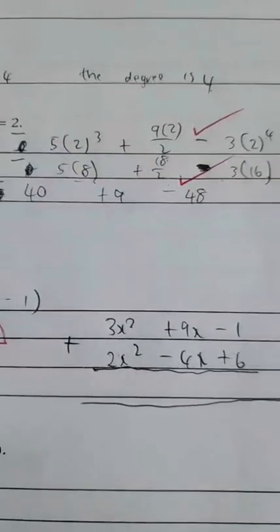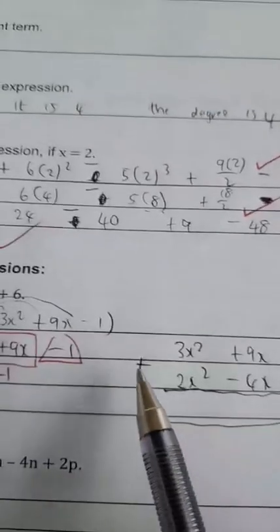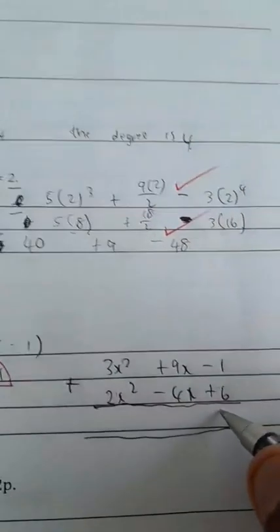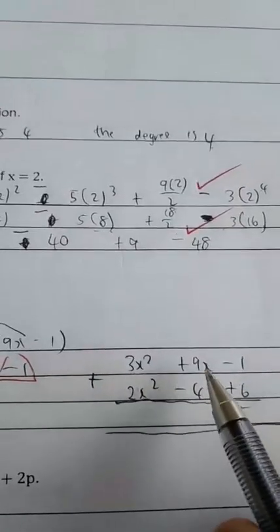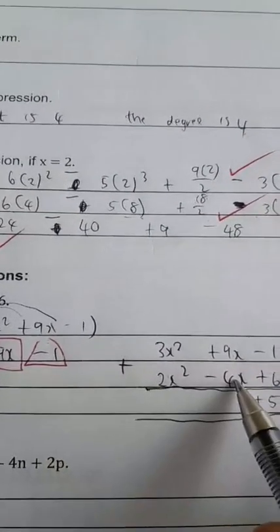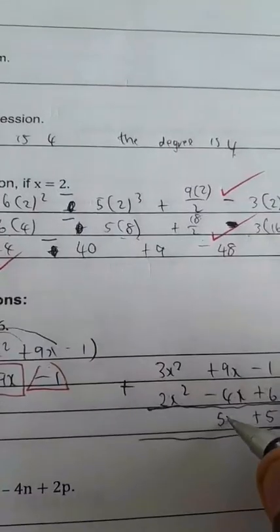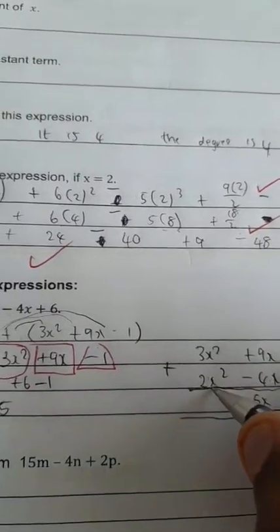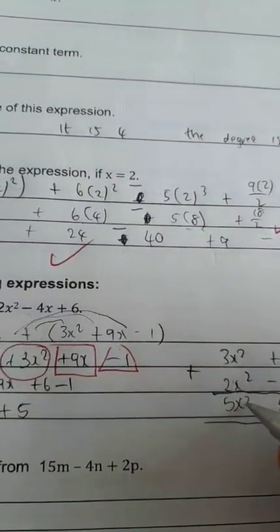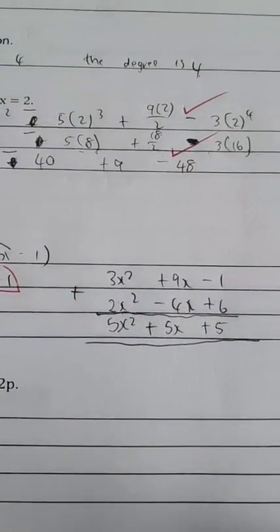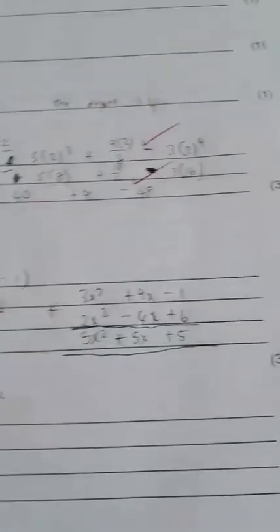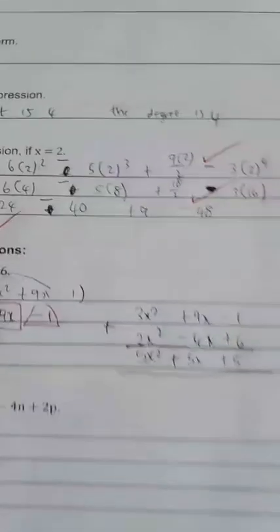So minus 1 plus 6, then they get the 5 there, but it's positive. Then they'll say 9x plus minus 4x, that will give them the 5x, and then 3x squared plus 2x squared, that will give them the 5x squared. And there you have it. I hope that makes sense. So that's just another method, another way of doing it.